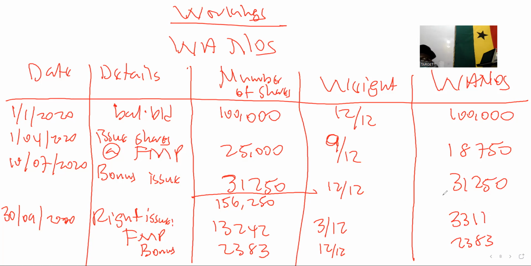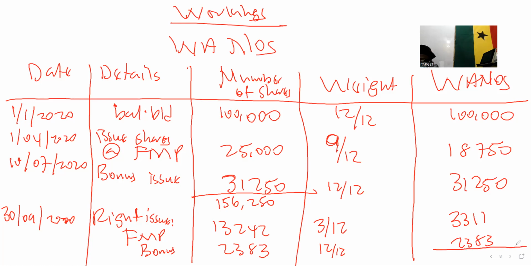Please, this is the number of shares. You can't have a point. If you get a point, don't write it. 3310.5 is the correct answer, but number of shares must be a whole number. Either you are buying one full or you leave it.